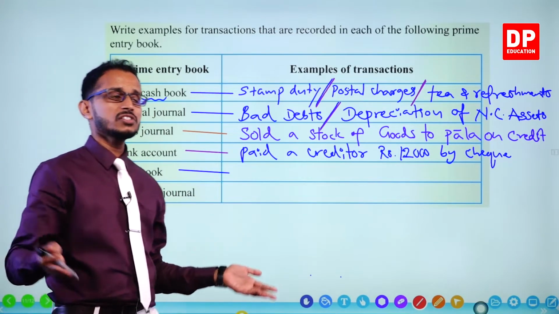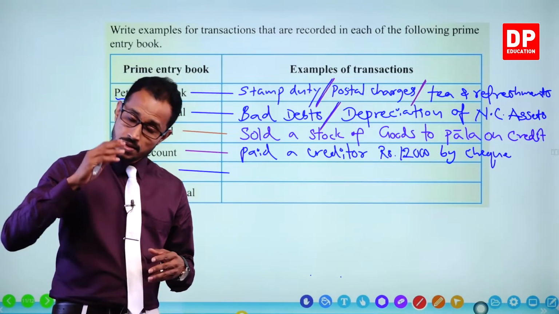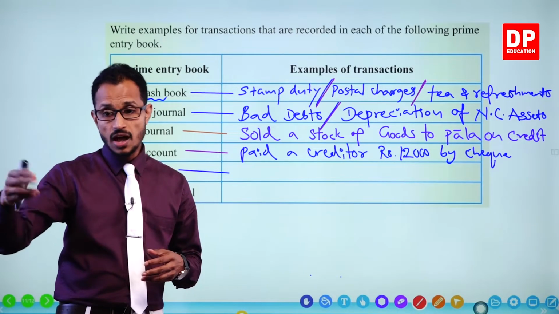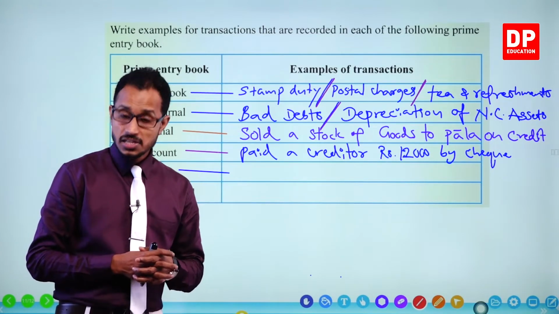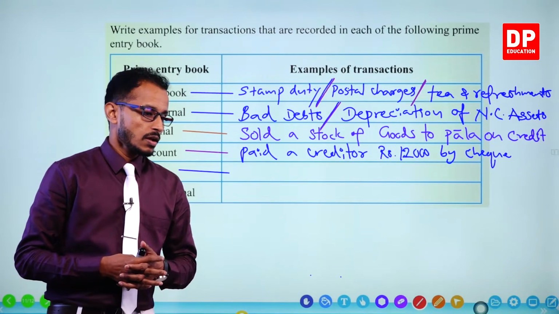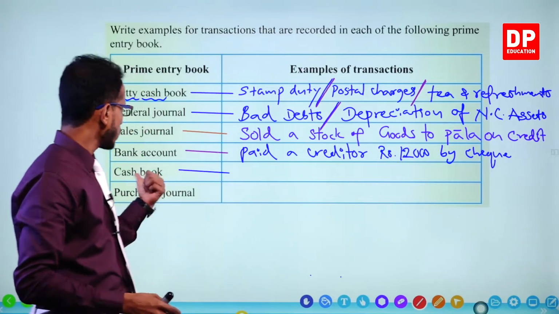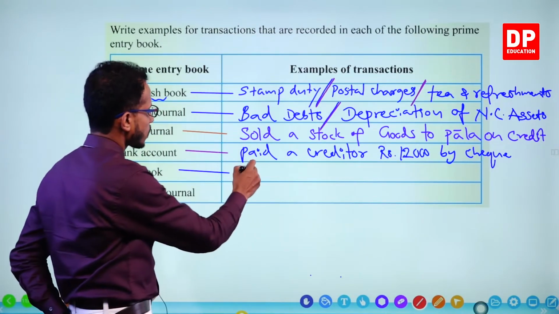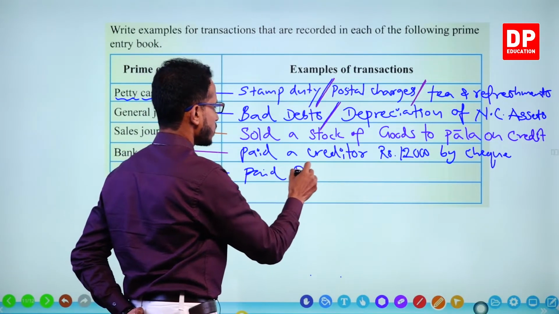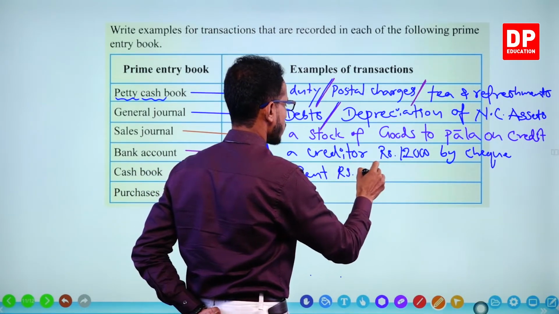Paying off rent, paying off electricity bills, paying off utility bills, paying salaries, receiving rent if we have rented our building, cash sales, cash purchases, advertising expenses, and all the expenses, all the cash transactions go to the cash book. Paid rent, rupees 20,000.